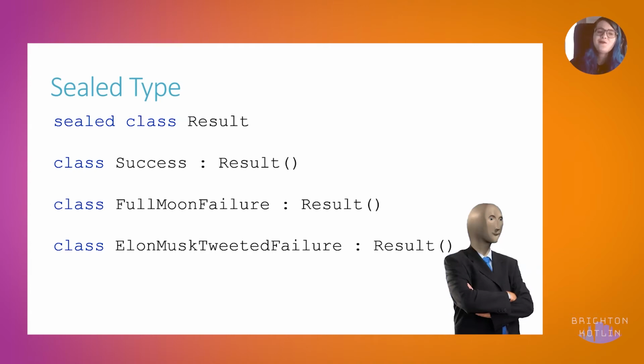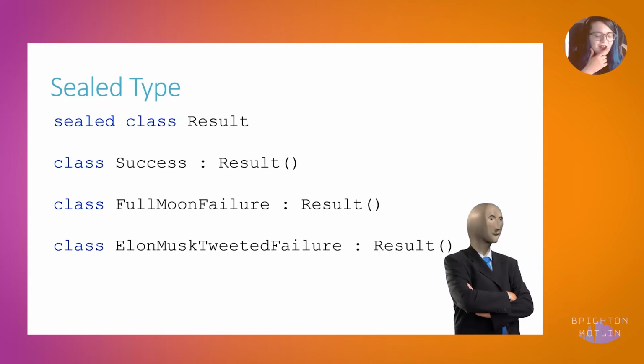Either we will trade our stocks successfully, so success, or the stock market will crash because the moon was, for example, too full, or Elon Musk tweeted something which crashed the stock market. And this approach is really nice if you can list every single possible outcome.